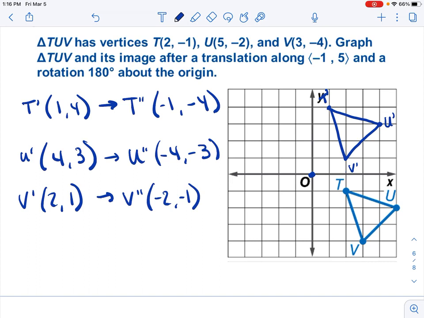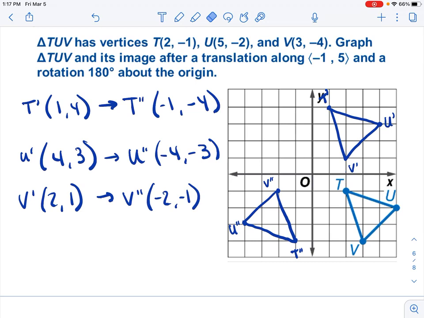And we can graph this rotation now. -1, -4. -4, -3. -2, -1. And that is our composition of transformations.